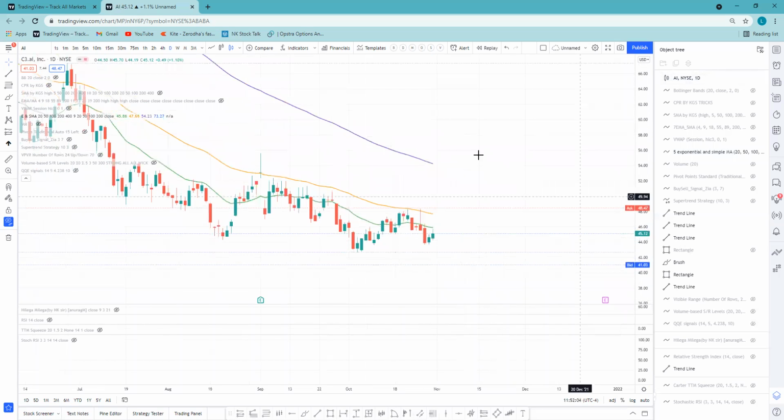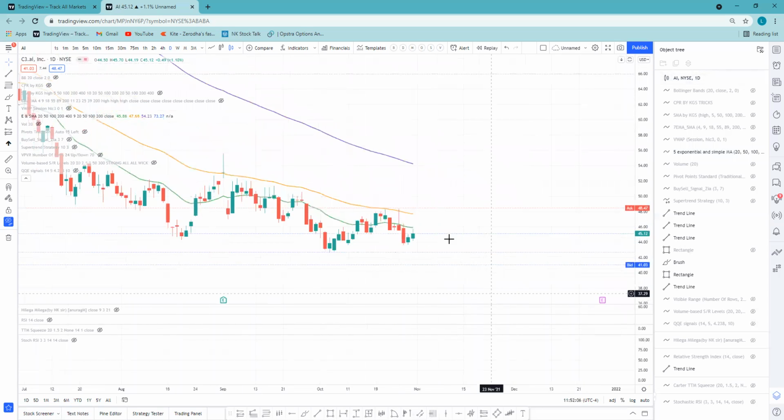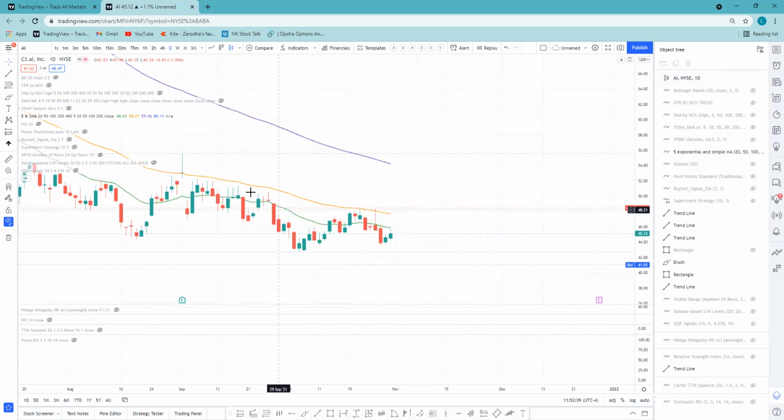If you see here on this time frame, price is coming down and it's kind of making higher highs now. So if you get it here, this is long, this is 45, 46.